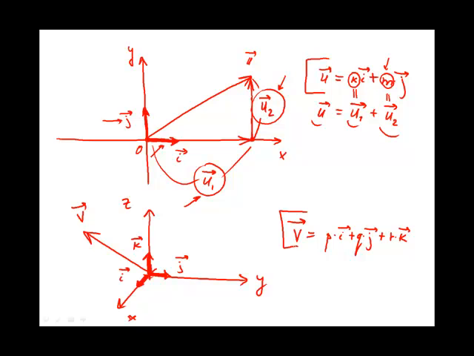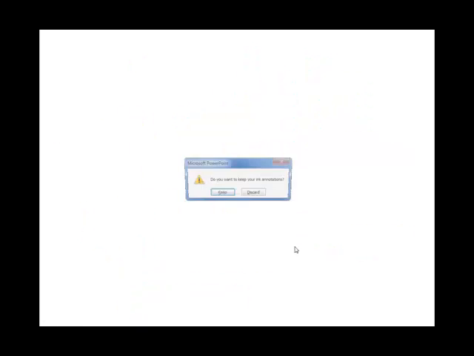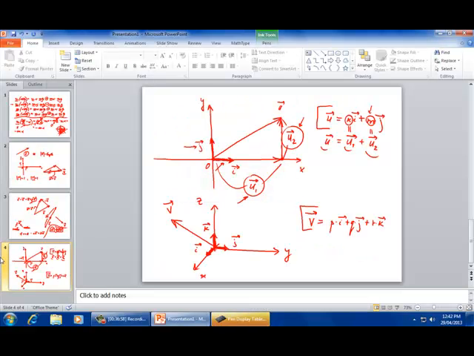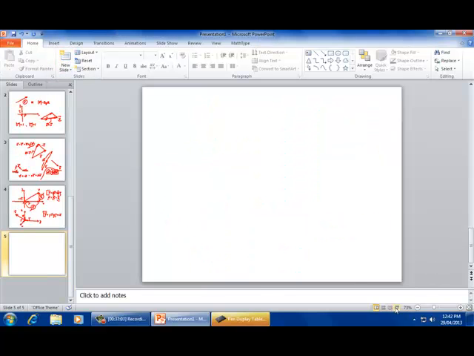What else do we need to know about vectors? We need to be able to find the length of a vector. For simplicity, let's sit on a plane.